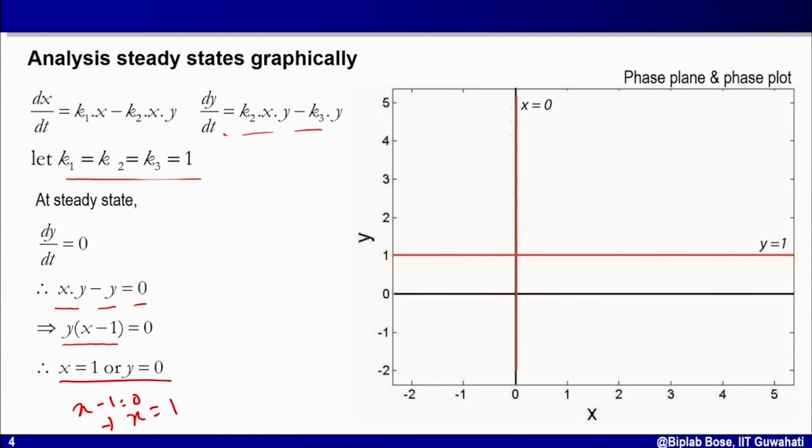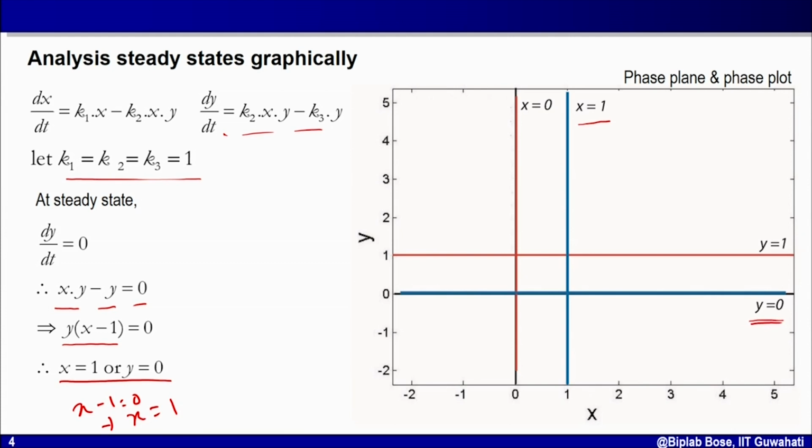Just like the previous case, let me plot this x equal to 1 and y equal to 0 in this phase plane. The blue lines I have drawn represent these two lines. The vertical blue line is x equal to 1, and the horizontal blue line along the axis is y equal to 0.